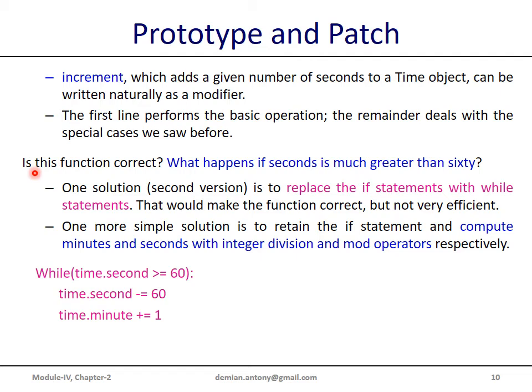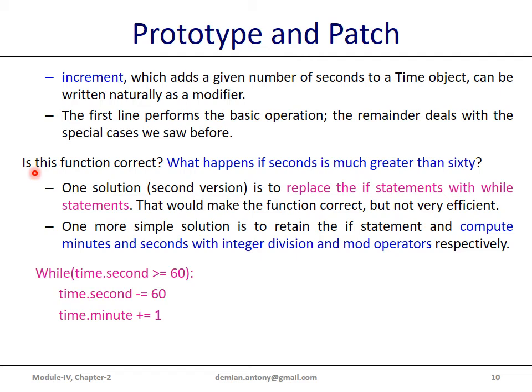Only after addition we might get a value more than 120. In that case, let us say the parameter seconds has 70 and we have 55 here. Definitely the addition will go above 120 and we will not get the correct result.